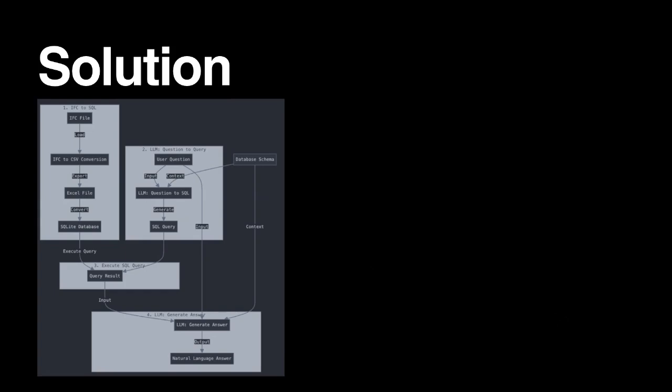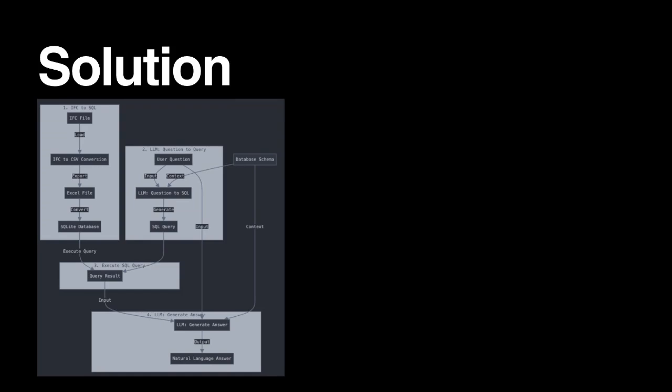The way we do it is we convert the Excel data into a SQLite database, and then when a user has a query, like how many doors, we make a database query and then execute that query.